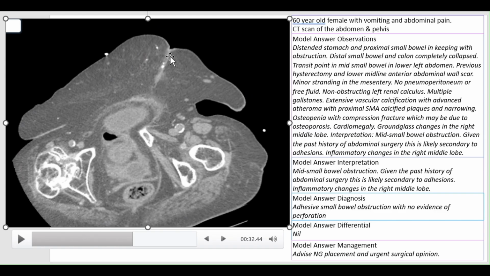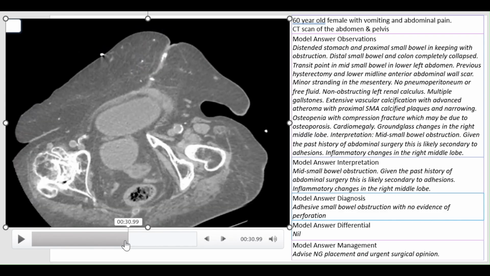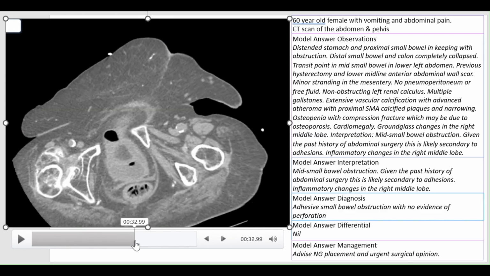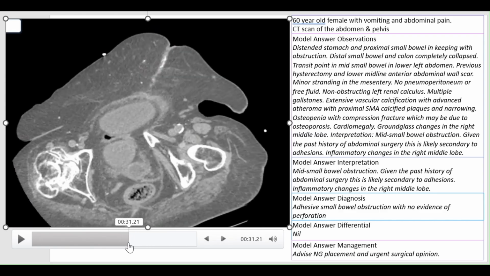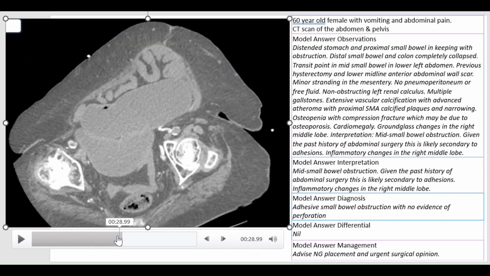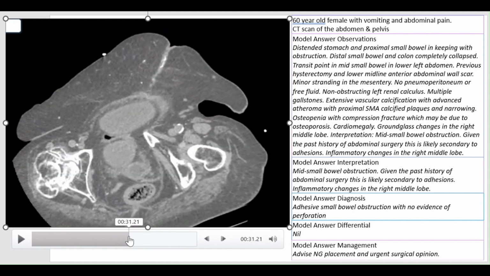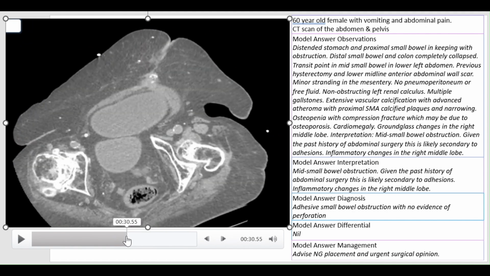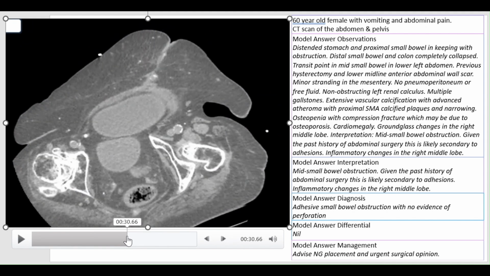Can you see this? This is the scar. This means that this patient has had a previous abdominal surgery.